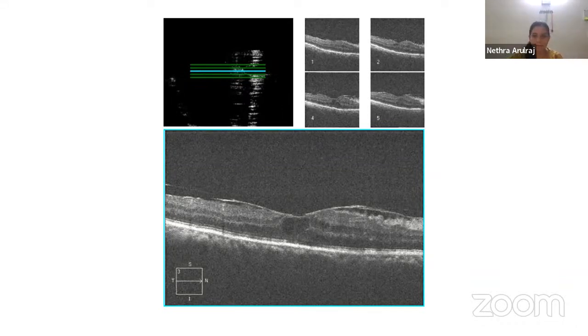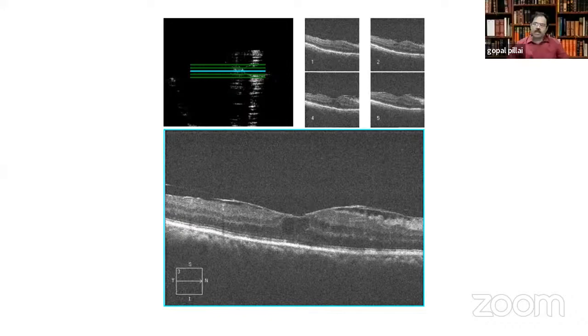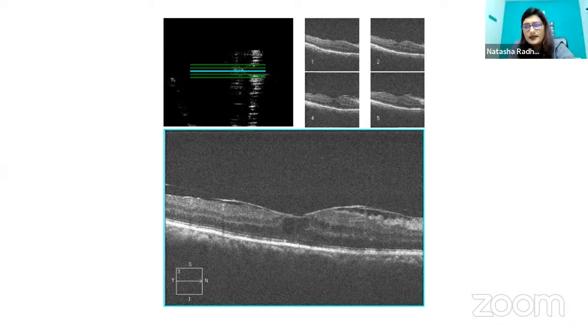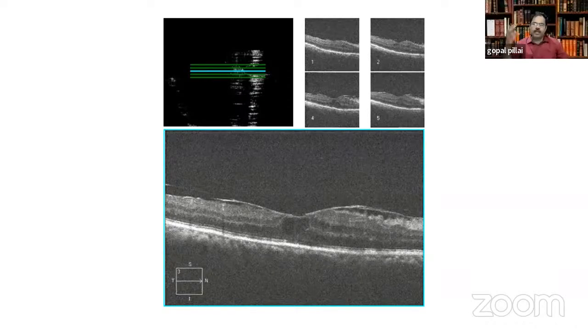It can be either primary, not associated with any other retinal conditions. And the most common risk factor for that is senile, isn't it? Age-related. Age-related as well as PVD. So PVD may cause some microtrauma onto the superficial layers of the retina, and that can cause it. So that is primary. A retinal tear or peripheral hole can cause a release of glial cells or retinal pigment epithelial cells into the macula, and that can transform into an epiretinal membrane.